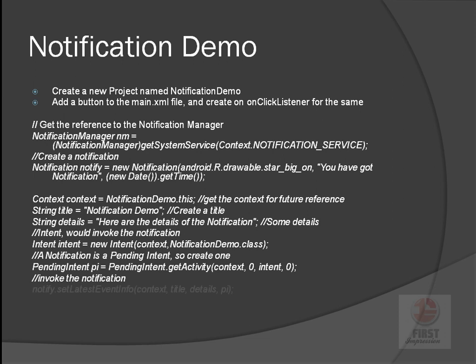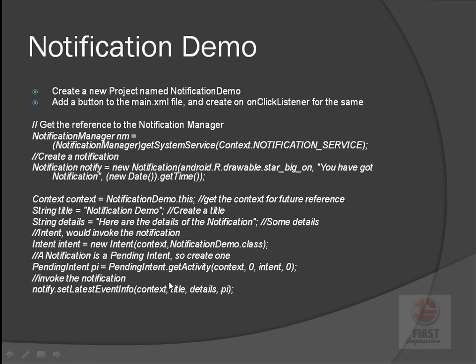Then we will say notify, that is this notification.setLatestEventInfo. You have to set the information of the notification with the context of the application, the title, that is notification demo, the details, that is here are the details of notification, comma, the pending intent which will be called whenever you click on that notification.